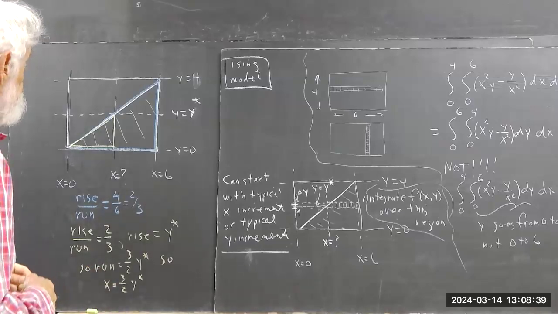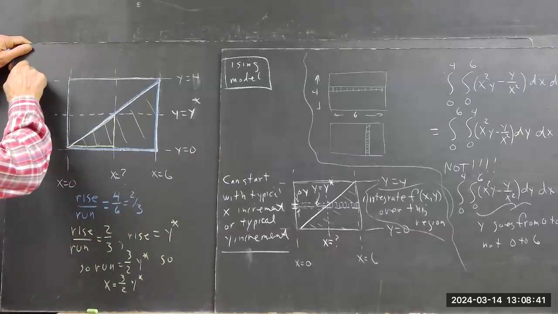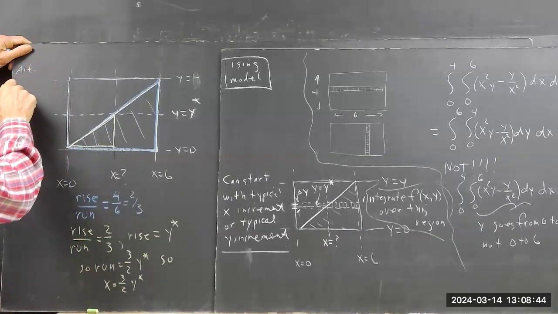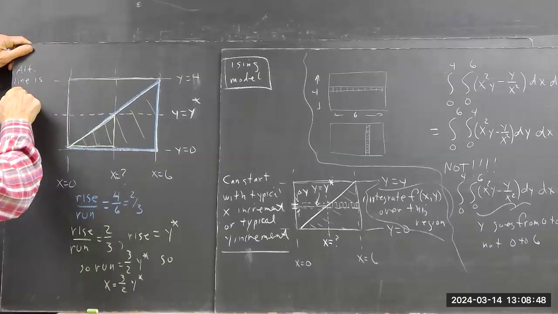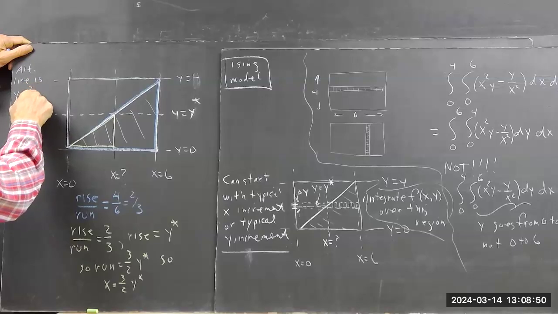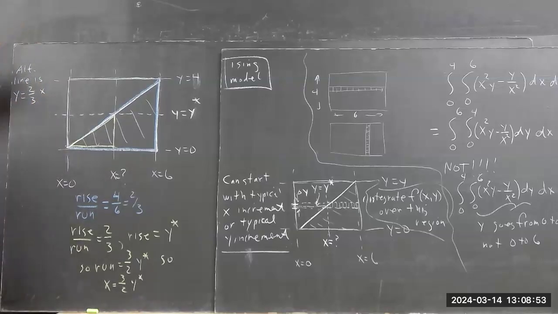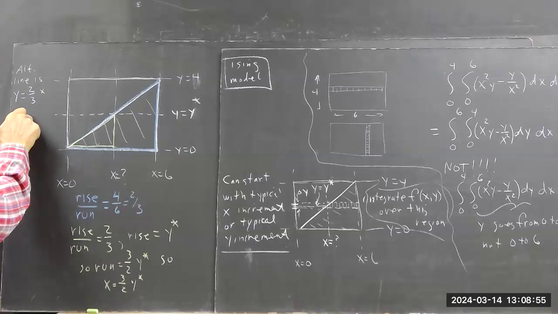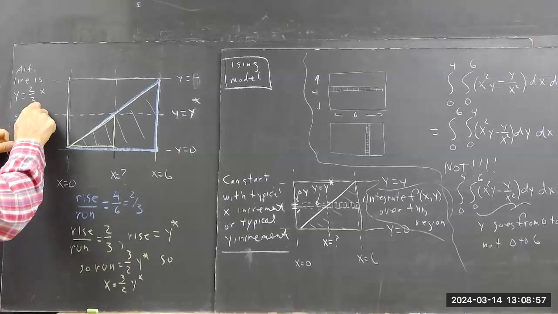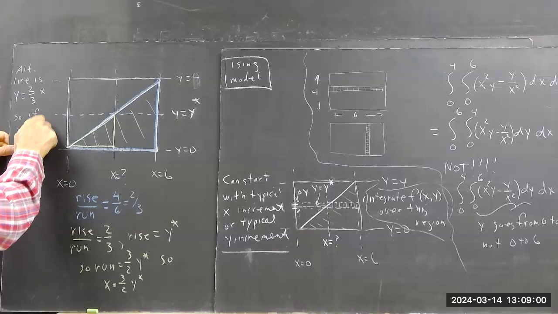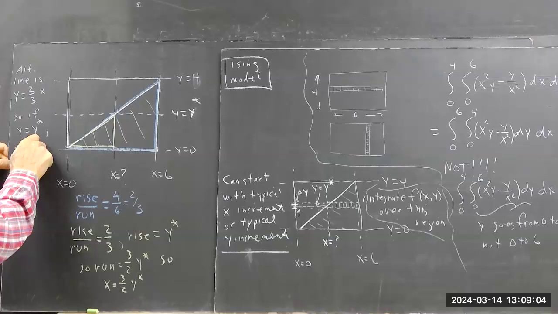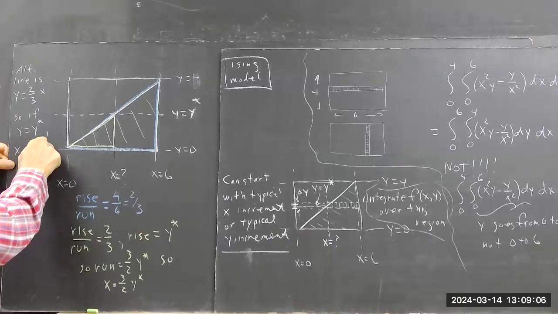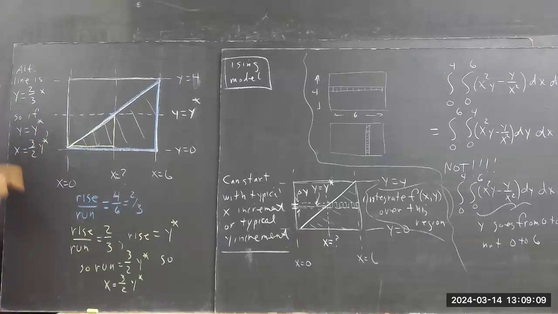Alternatively, the line has an equation. It's the line y equals 2/3 x. That equals 2/3 y star.